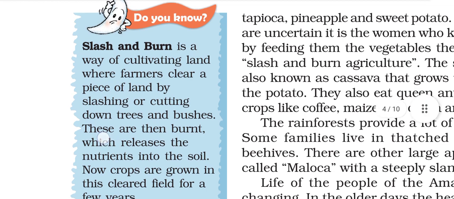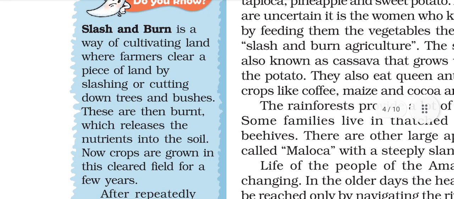Clearing a piece of land by slashing or cutting down trees and bushes, then some part of the trees, some roots of the trees are still left after cutting, then these are burnt, which releases the nutrients into the soil. Because when we burn those trees we get ash, and ash is a good fertilizer for the crops. And such a practice is called slash and burn agriculture.